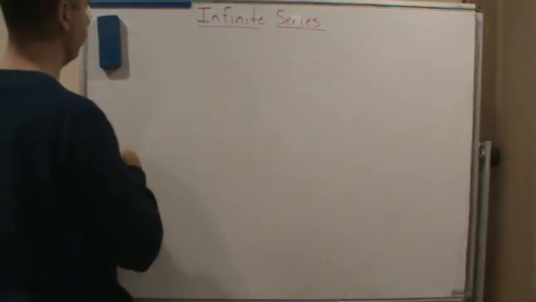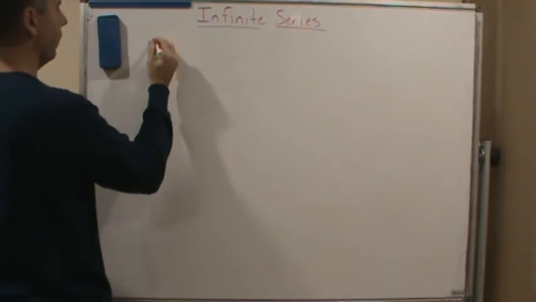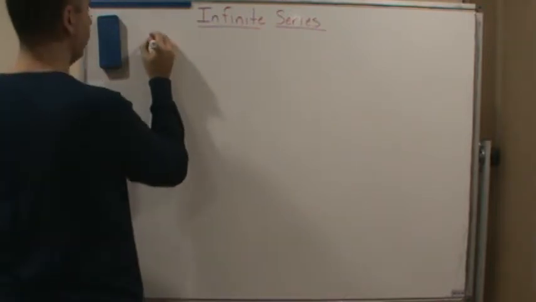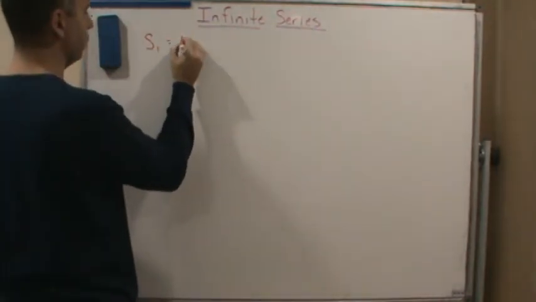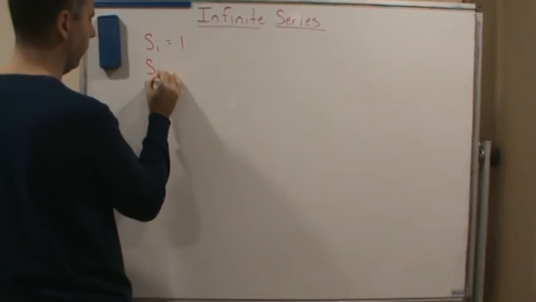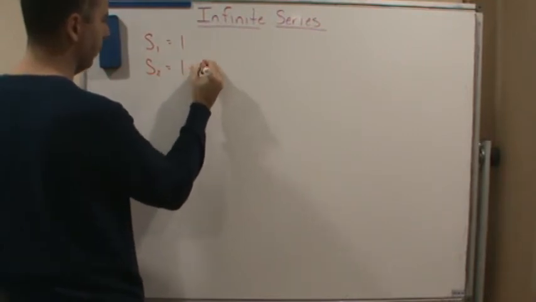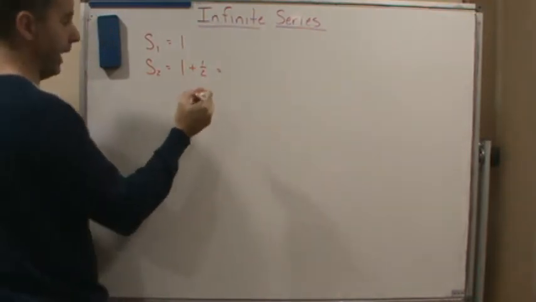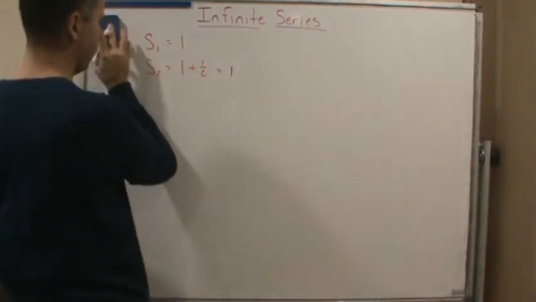So, back to the oil, right? If we look at S sub k for each k, we know that S sub 1 equals 1. S sub 2 equals 1 plus a half, which equals 3 halves, so 1.5.